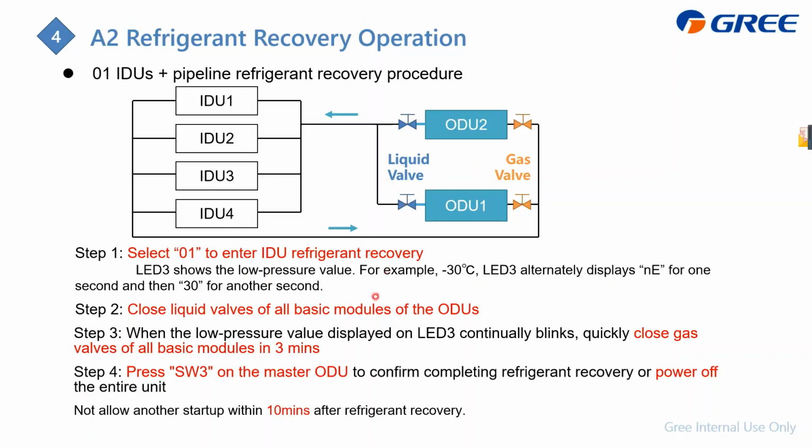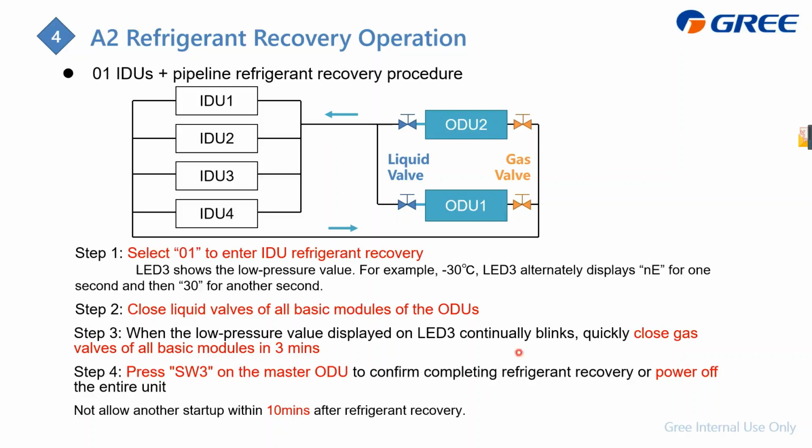All the modules' liquid valves should be closed, and then the LED3 blinks, the low pressure blinks, and we should quickly close the gas valves of all the basic modules.